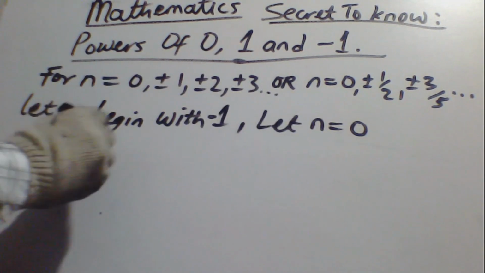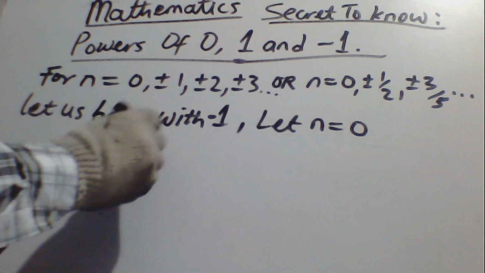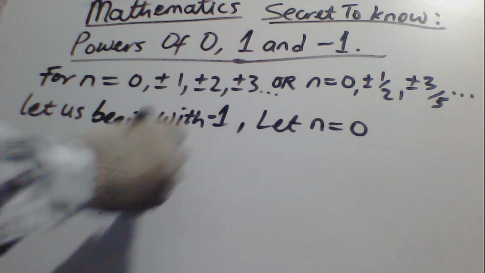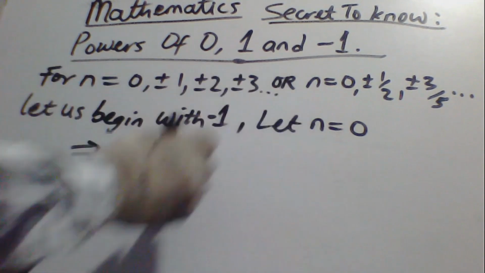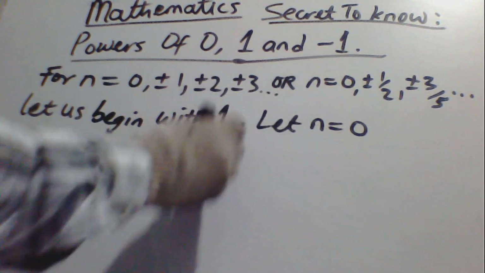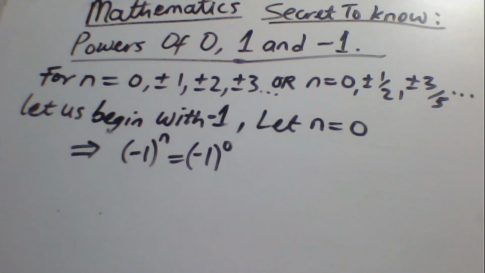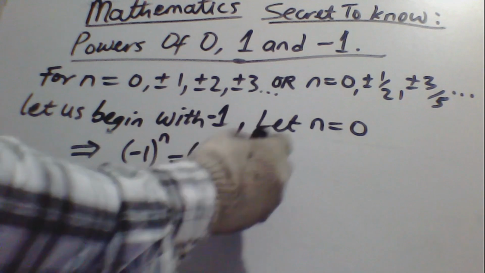This implies that we put in brackets for simplicity minus 1 raised to power n. With n as 0, it is the same as minus 1 raised to power 0. So what will be the answer when you raise minus 1 to the power of 0? The result is equal to 1.